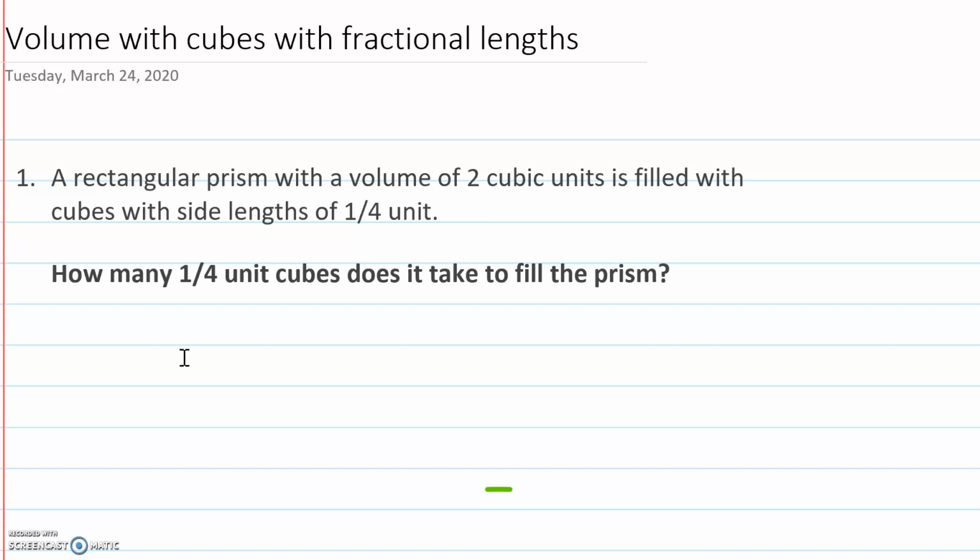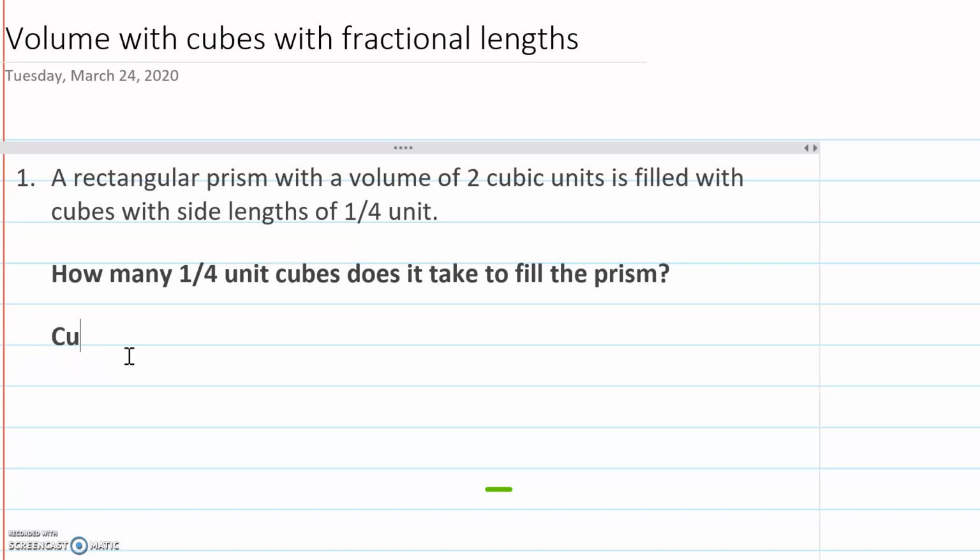So they give us the volume of the rectangular prism, and that is 2 cubic units, but we only have the side length of the cubes. In order to figure out how many cubes are going to fit into the rectangular prism, we have to find the volume of the cube first. So we're going to start there.